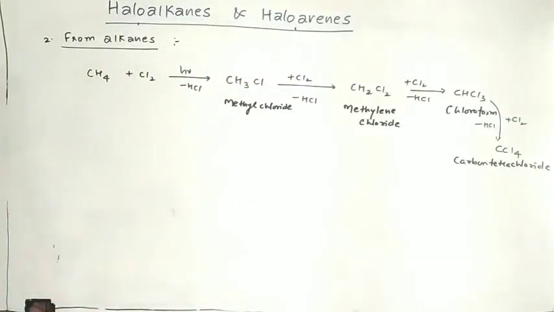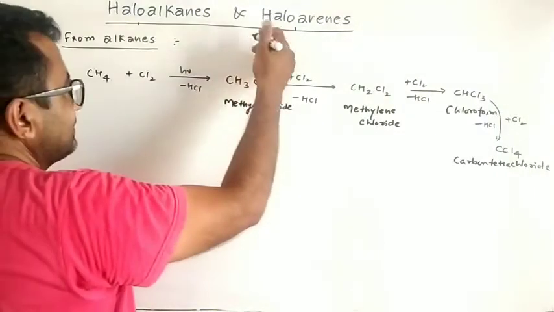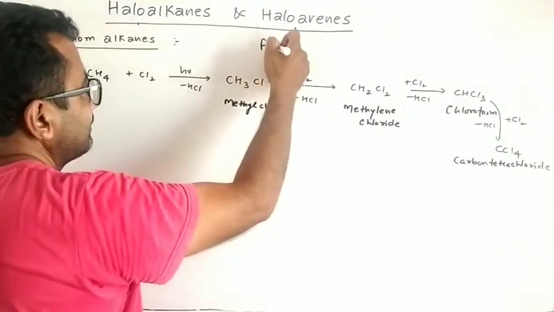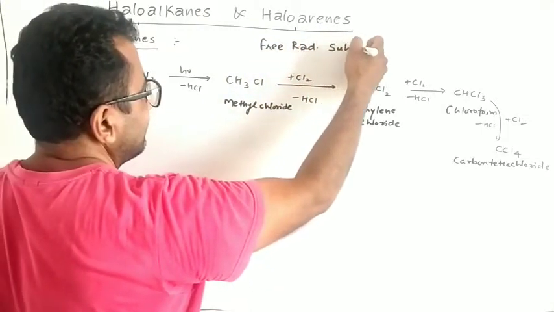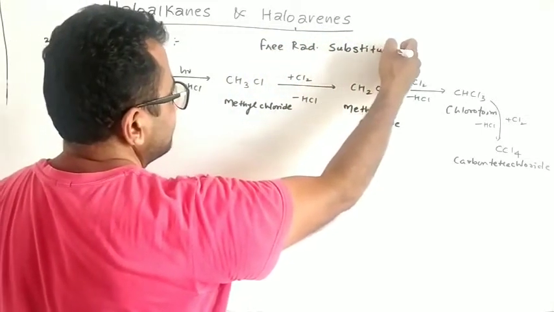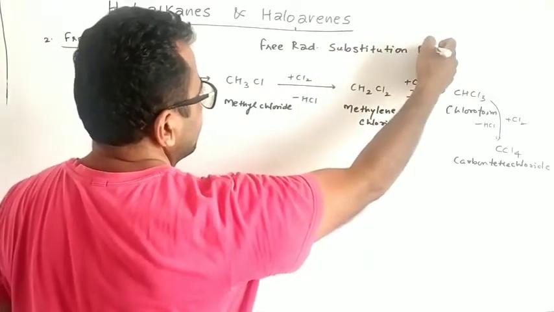So all the 4 hydrogens of methane are substituted by halogen one by one. So this type of reaction is basically called a free radical substitution reaction.